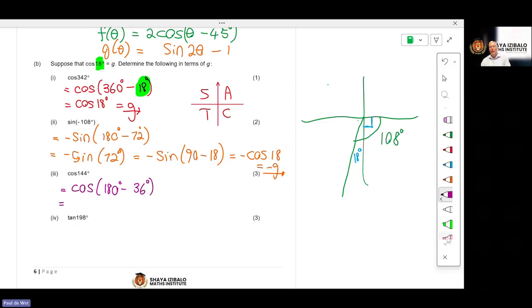Yes, okay, so 36, good. 36 is significant because it's double 18. Then negative 2 cos. I want you to go slightly slower for the rest of the learners. What does cos of 180 minus 36 reduce to? Well done. That's going to make it a bit easier for people to understand what you're doing next. Okay, and then?